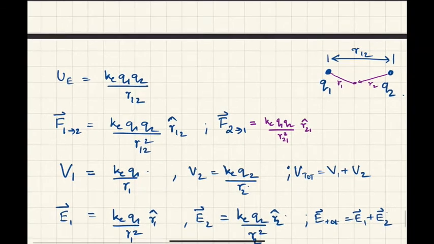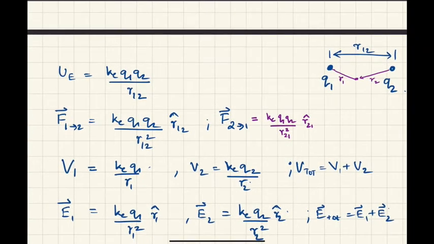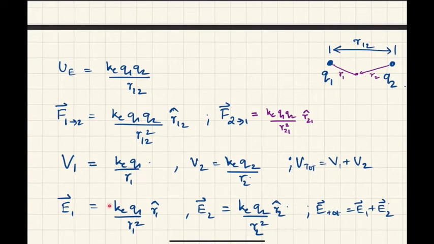Similarly, you have the electric field. The electric field generated by particle 1 is Kc Q1 by r1 squared times r1 hat. And what is r1 hat? r1 hat is simply the direction. If I'm standing on Q1 and looking at the point of interest, then r1 hat is the unit vector that points along this direction.